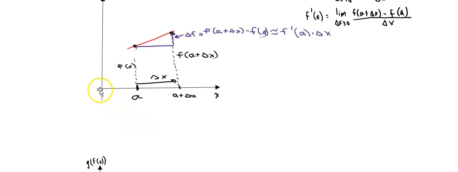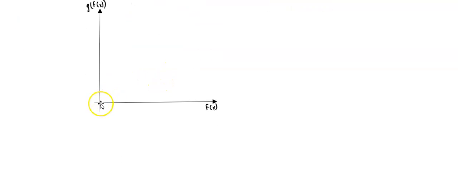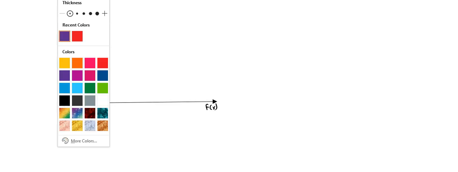And so instead of inputting an a, we're now going to input an f of a. So I'm going to be as careful as I can, but just to match up here, f of a is this length right here. So then f of a is going to be that same length down here.